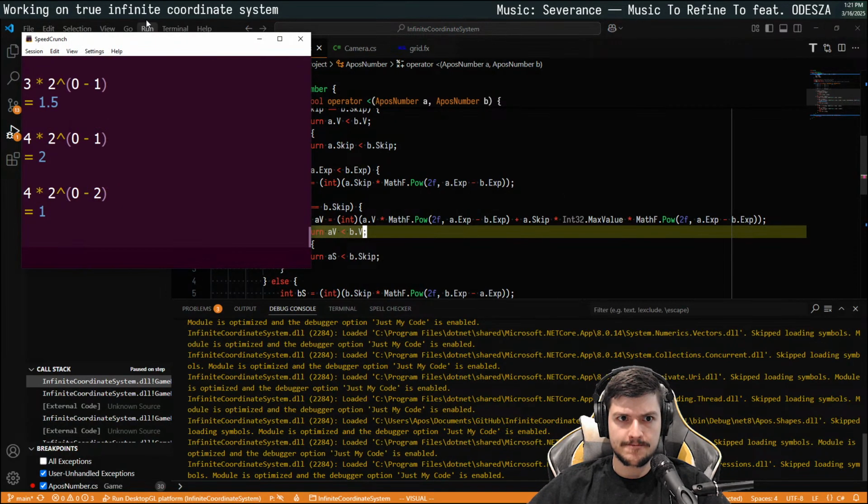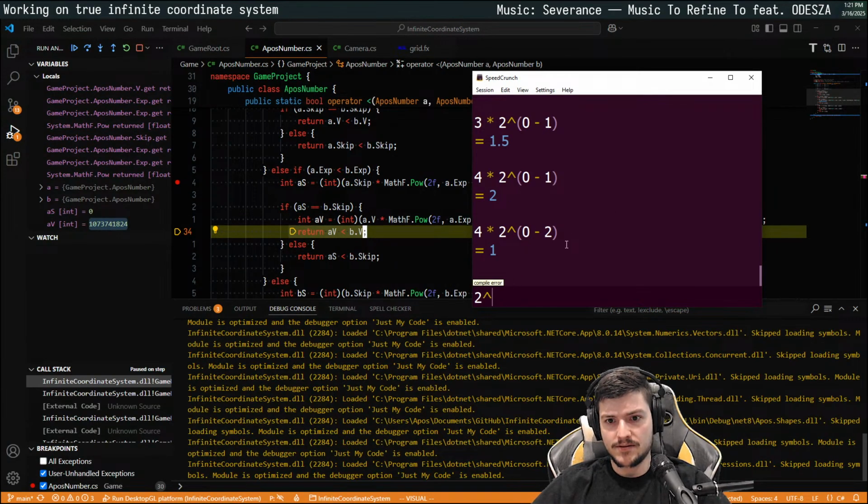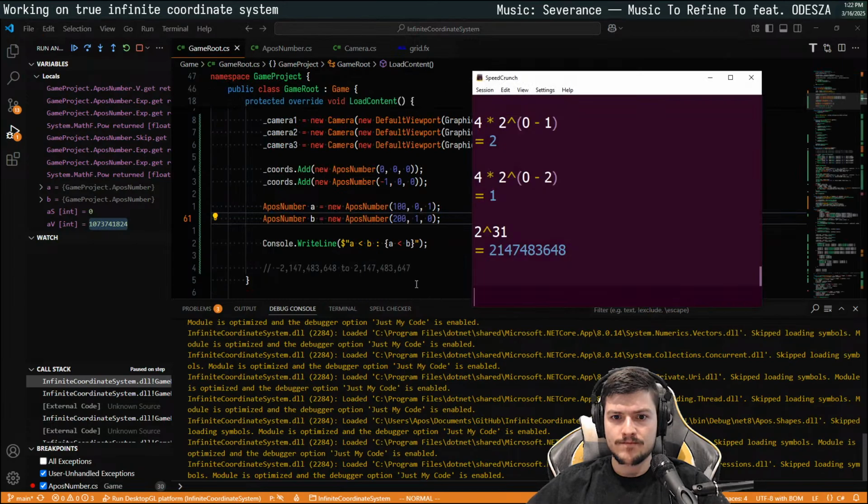This looks correct, right? Should I compute it? 32. 32 minus 1. No. This is the right number, right? Minus 1. Okay.